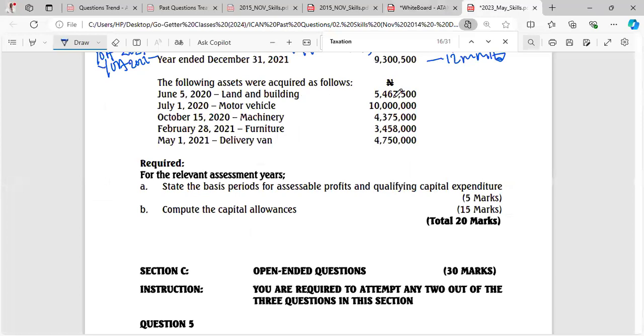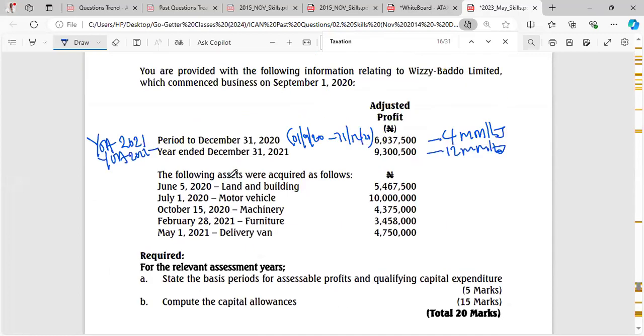Land and building, okay, why we didn't talk anything about initial allowance was because it is given out in full. You don't prorate. Investment allowance is also given out in full, no proration. Now you come to annual allowance. This was bought on June 5, but the business commenced in September.